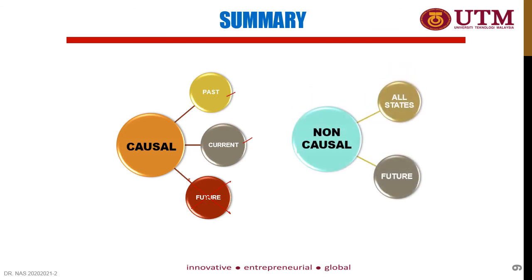And for a non-causal system, when you have any future values, either past plus future or current plus future, the system is non-causal. And when it involves all states, since there are future values in the equation, automatically it is a non-causal system. Okay, thank you.